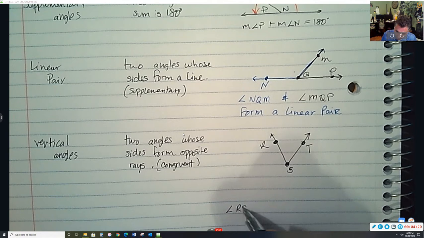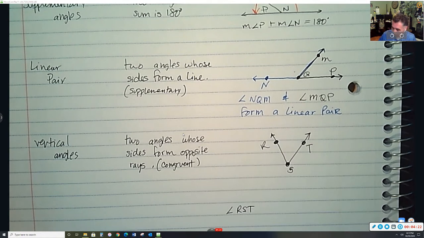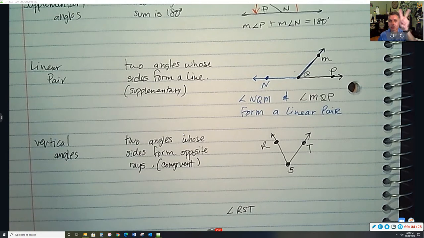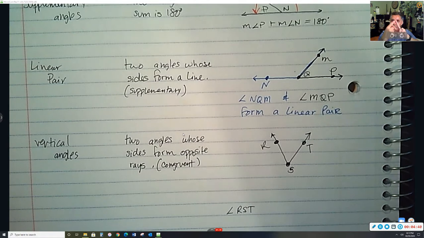Angle RST. Okay, again, think of it as V-shaped. Now, the orientation can change, like it can shift, but again, think V-shaped, and then the names just go from one end of the angle to the vertex to the other end.